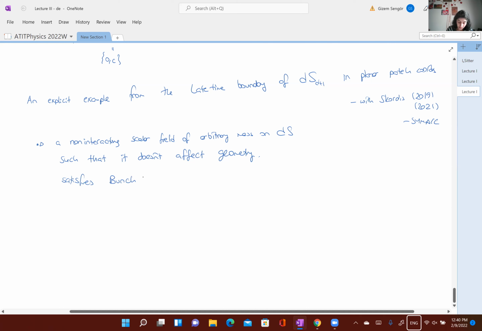This means at early times, it behaves as if it was on Minkowski space. So you write down your action, but it only has a mass term. It only has m squared, phi squared in it, and the derivatives, of course. And you find the equations of motion. You look for solutions with these initial conditions. Solutions come in the form of Hankel functions.